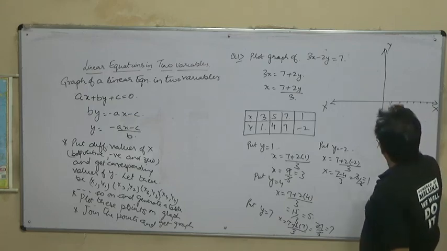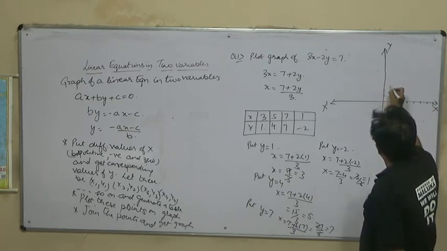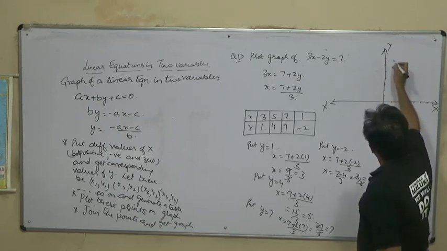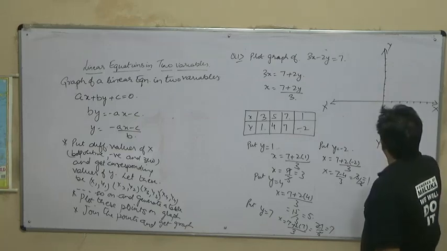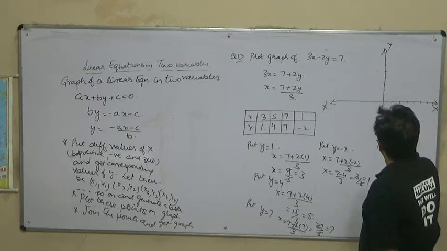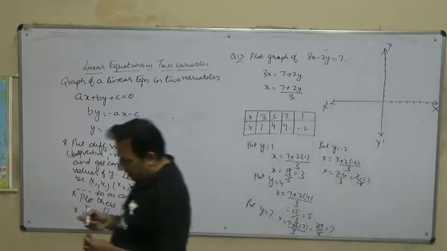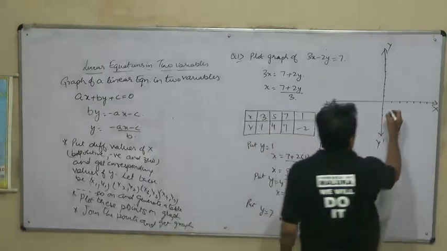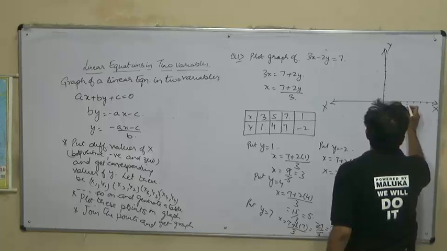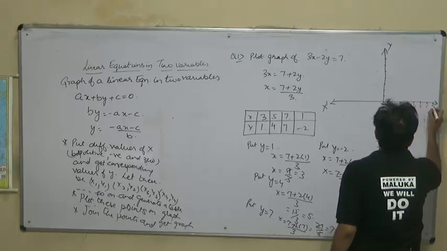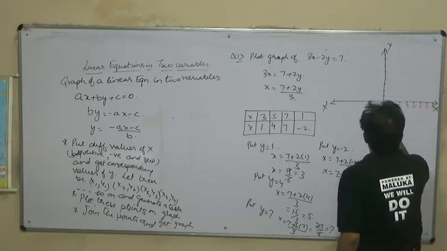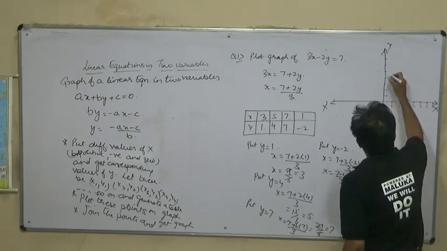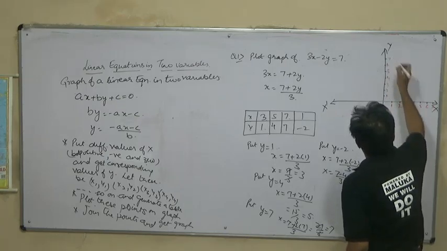Then there are also 1, 2, 3, 4, 5, 6, 7 and -1, -2. So we may write these: 1, 2, 3, 4, 5, 6, 7, -1, -2, 1, 2, 3, 4, 5, 6, 7.